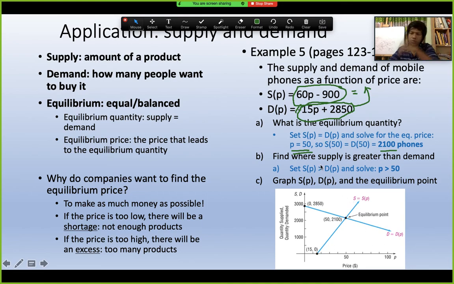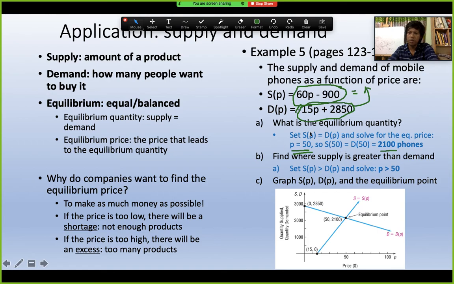So this is the graphical method to find the equilibrium point, equilibrium price, and equilibrium quantity. This 50 is the equilibrium price, and 2100 is the equilibrium quantity. By the graph you can also solve this question.